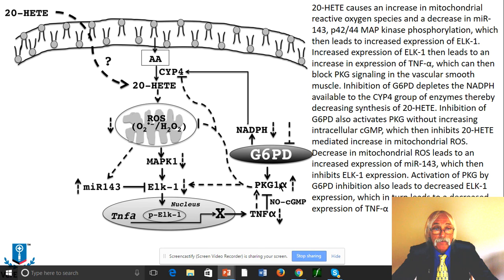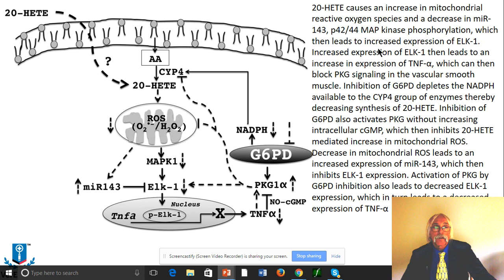Now let's take a look at what is going on down here real quickly by reading the narrative. 20-HETE caused an increase in mitochondrial reactive oxygen species, showed you that. And it causes a decrease in this, what's this here? This interfering RNA here causes a decrease in miR-143, but it also causes p42/44 MAP kinase, that's this guy here, phosphorylation.